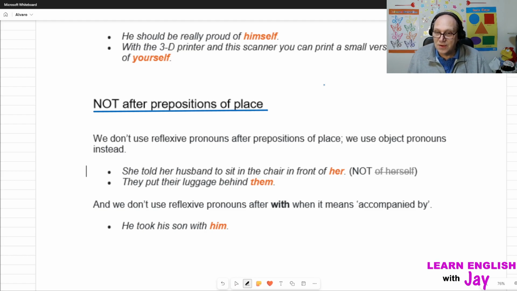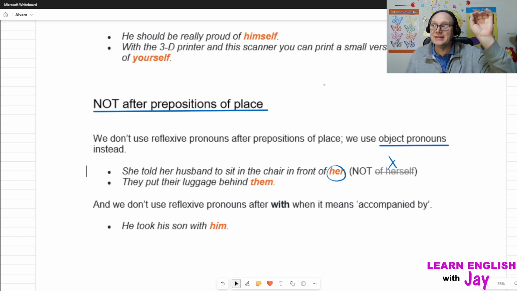What we do use is we just use object pronouns. So for example, she told her husband to sit in the chair in front of her, not herself. They put the luggage behind them, not behind themselves. So if it's a preposition of place, we don't use reflexive pronouns, only object pronouns.